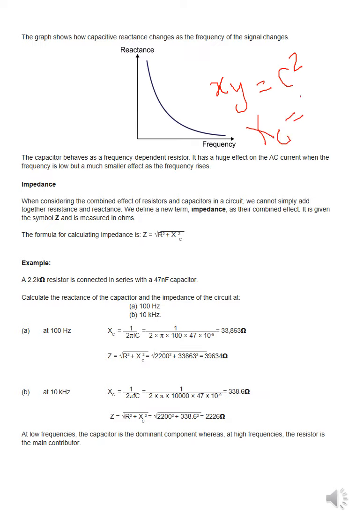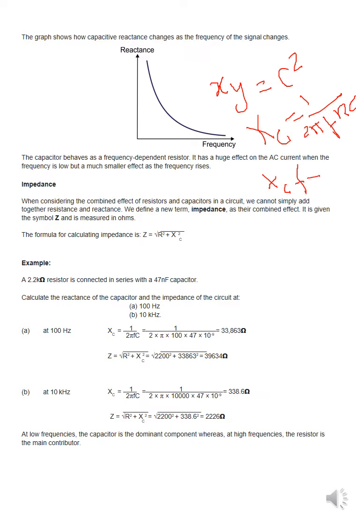If I compare it with your XC, which equals 1 upon 2 pi f C, we are plotting your reactance with frequency.